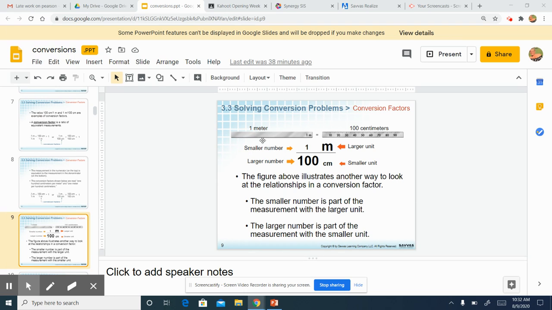And this is just showing the entire meter stick can be subdivided into 100 centimeters. A centimeter is about the width of your finger.